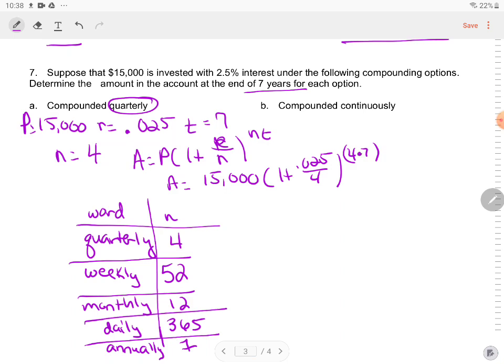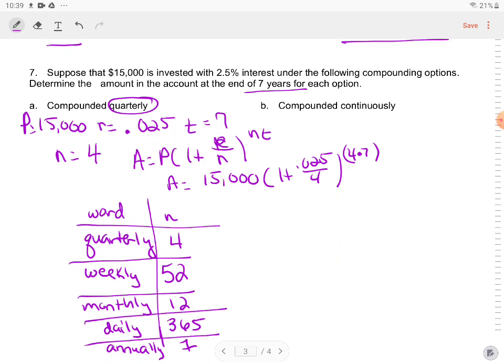Now, it's really critical that 4 times 7 goes in parentheses. And A is the final amount. How much money will we have at the end of those 7 years? Or how much money would we owe if we're borrowing the money?